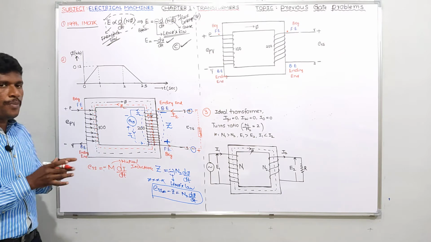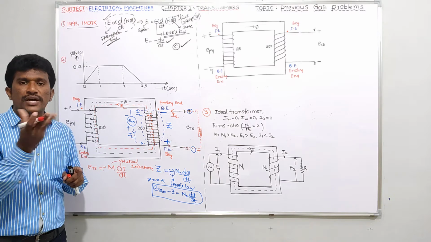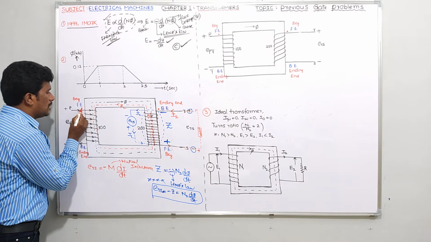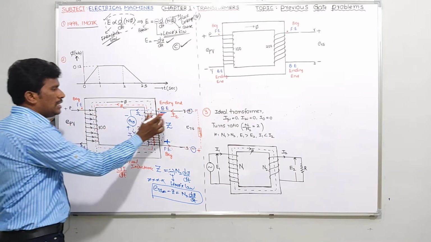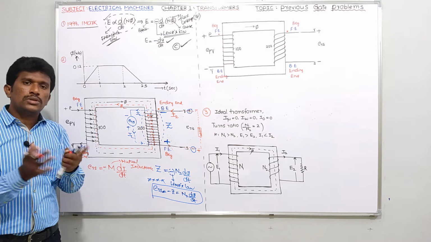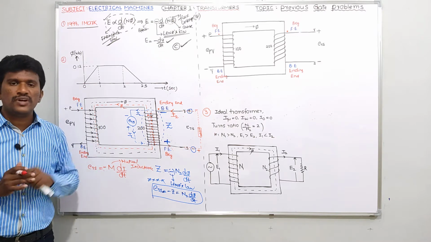Now see here how positive coupling and negative coupling are justified by knowing the direction of current. Very simple. Here current is entering a dot in the primary winding. In the secondary winding also current is entering a dot. If current enters the dot in both the windings, which type of coupling is it? Positive type of coupling.